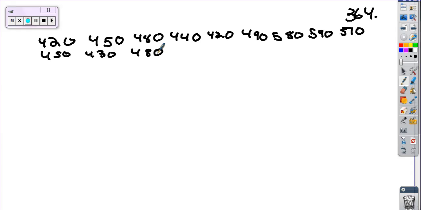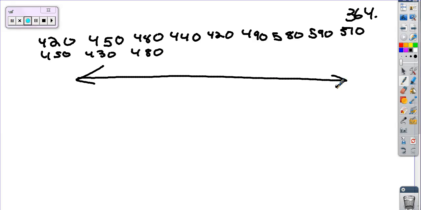Our very first thing we're going to do is make a line plot. And all a line plot is, is a way to display a bunch of data. So to make a line plot, first off, we will draw a line. Our line is going to go from 400 on one end to 600 on the other end.